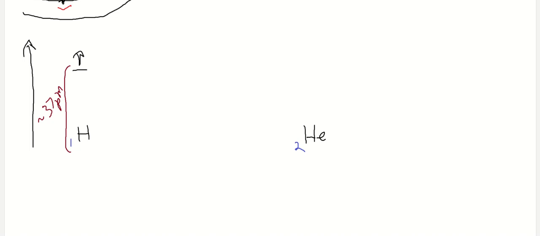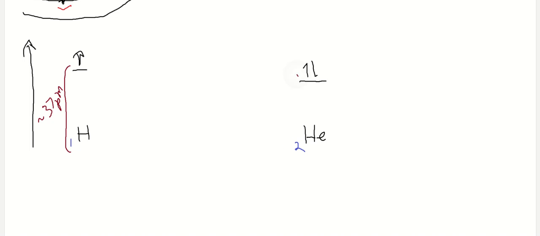Hopefully, if you understood what I said a few minutes ago about nuclear charge and shielding, these electrons, in hydrogen or helium, don't experience any shielding because they're right there in the first energy level. They're going to be closer to the nucleus because of the increased nuclear charge.